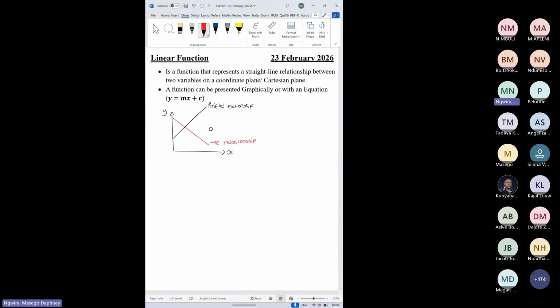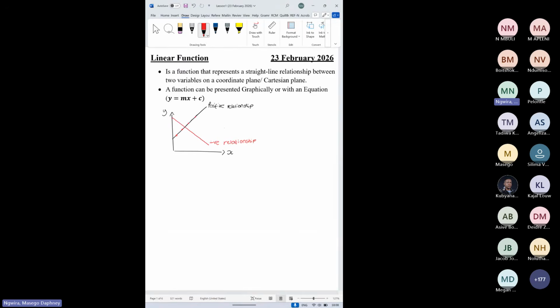So if you draw a graph using coordinates, using both sets of y and x-axis, and your line is going up, you'll have something like this. Some of you are familiar with this, some of you are not. If you plot your graph and join the points with a line going up, the relationship is positive. If you join the points with a line going down, the relationship is negative. So this is what we call a function.